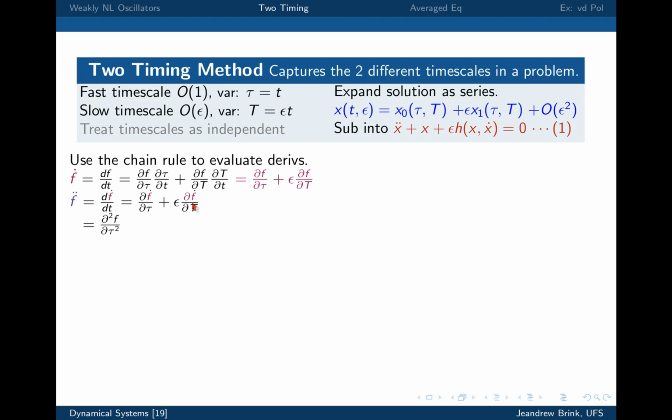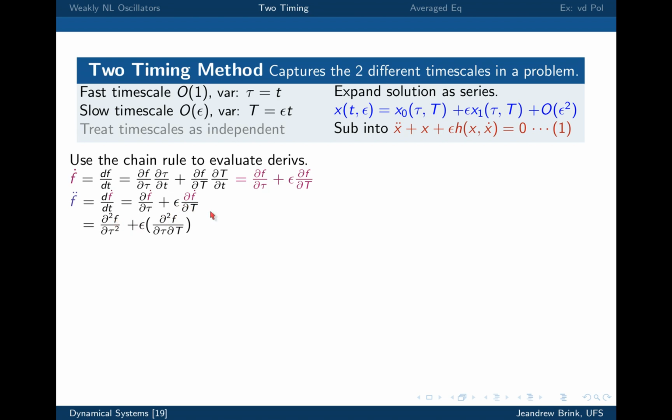So we're going to now substitute this thing into this expression and expand it. Okay, so we have d/dτ of this, df/dτ, so we get a second derivative, plus epsilon times d/dT of f dot. Sorry, I'm too fast.